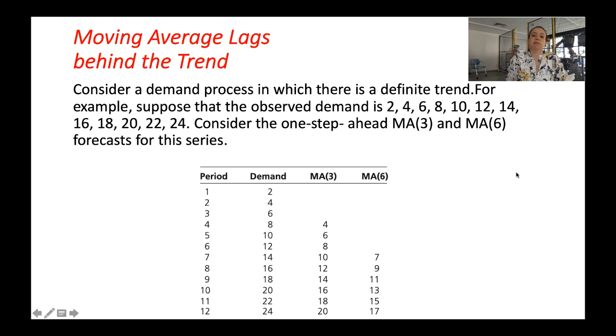Now we wonder what would happen when we apply the method moving average to such data, in which there is a defined trend. We will apply moving averages order 3 for periods 4 through 12, and we will apply the method moving average order 6 for the periods 7 through 12.